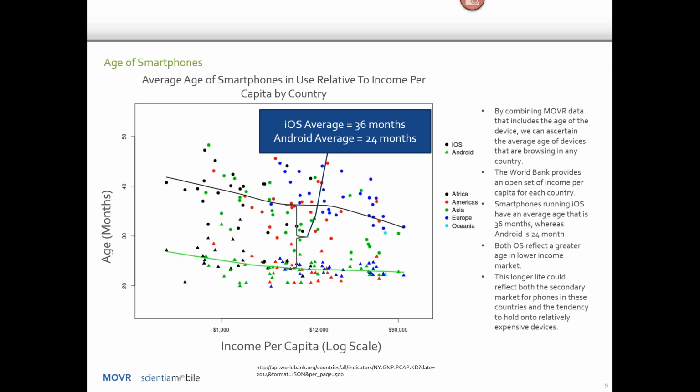So this indicates a couple of things: there's a faster turnover and purchase cycle in the higher income countries, but also in the lower income countries, people are holding onto devices and also probably buying in a secondary market, or resale devices that are being brought into the country and are cheaper, but they're holding on to them and extending the life. So Android, being a kind of lower cost alternative, actually has a shorter lifespan.